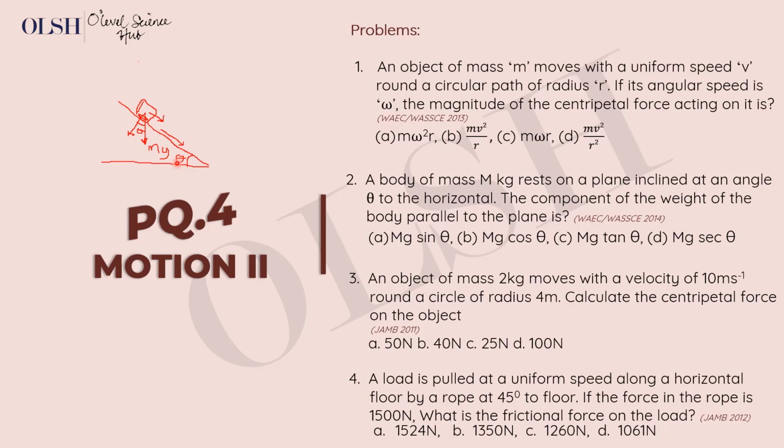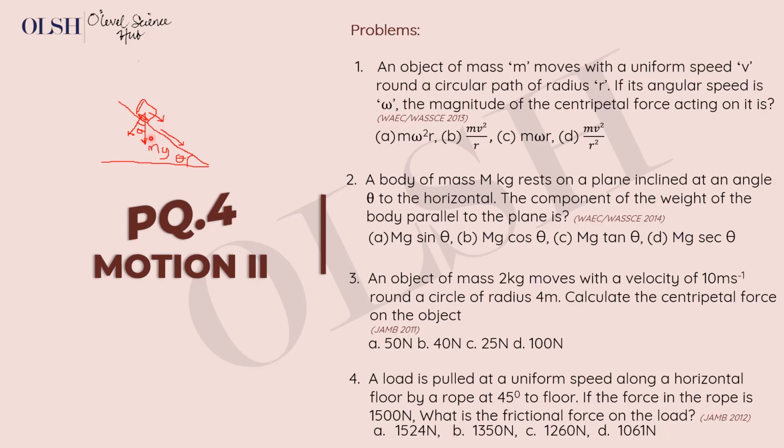Now, from the previous class, when we studied scalars and vectors, it was stated that if we're trying to resolve a vector into its vertical component, we use mg sine theta, where theta has to be the angle that vector makes with the x-axis, the horizontal. Now, using this incline as a reference, this is our vertical, this is horizontal, this is mg. We're looking for the horizontal component of mg.